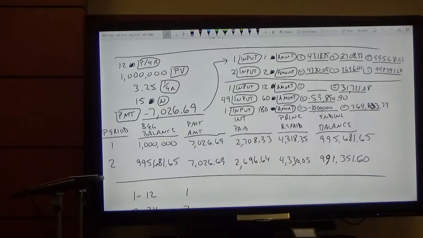Can I see the payment monthly amount on file just real quick? I want to see if I have mistakes.